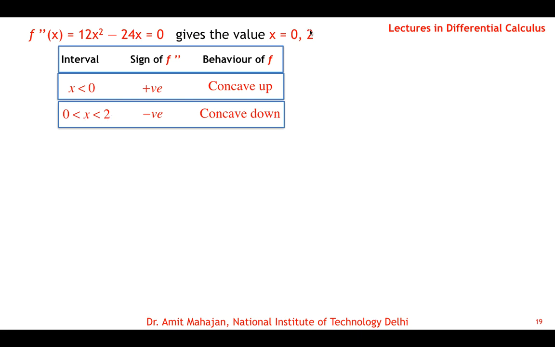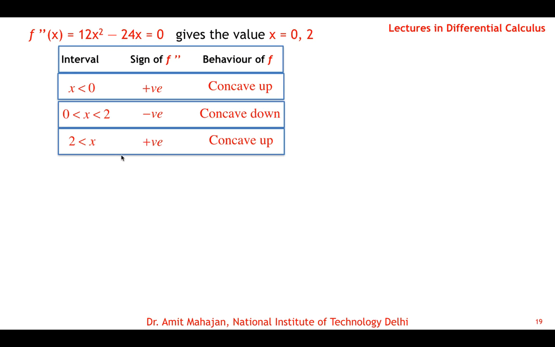Then for all x greater than 2, you use any value of x greater than 2 and see the sign of the second derivative. It is positive, so it is concave up for all x greater than 2. Now we can combine the two results. The intervals have to be carefully written.